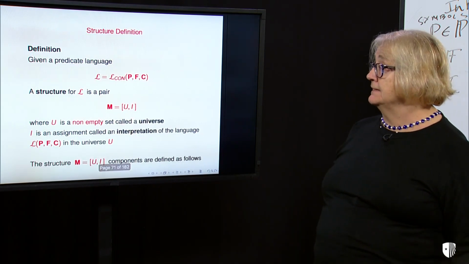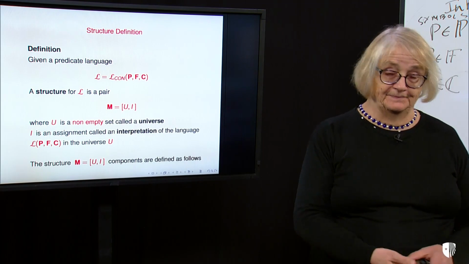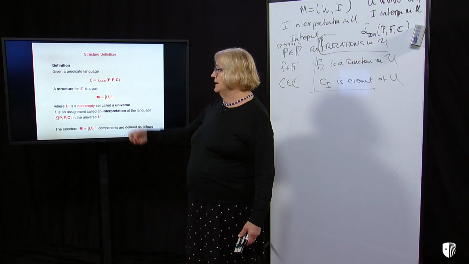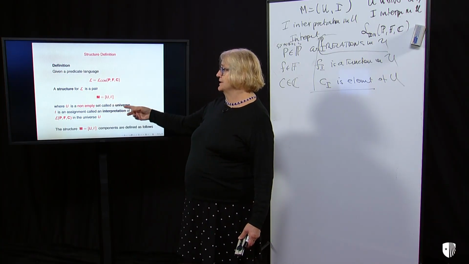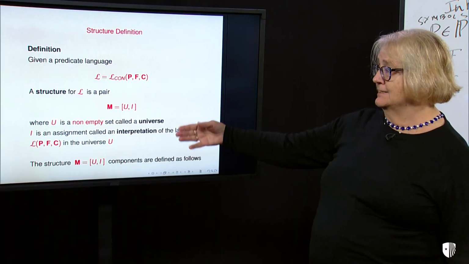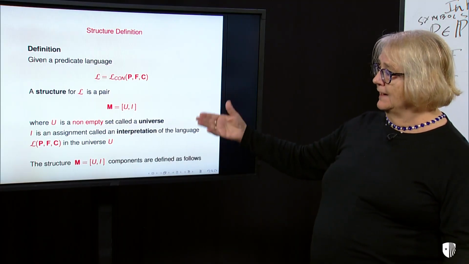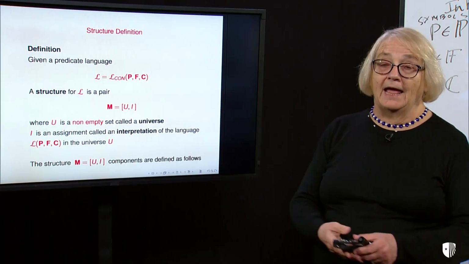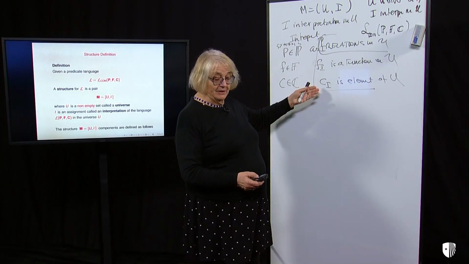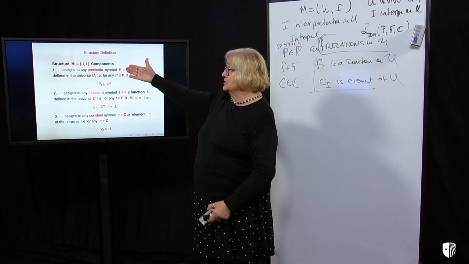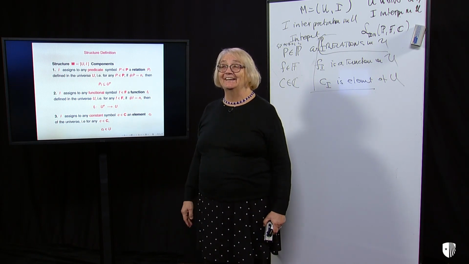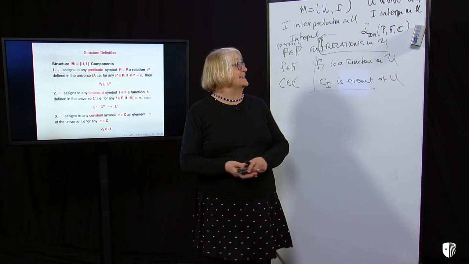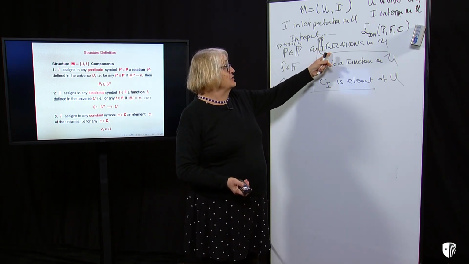Here it is, a structure (U, I), U is a non-empty set called universe, and I is an assignment called interpretation of the language in the universe, and the components are here. Now you have nicely written what I said: P_I is a relation.